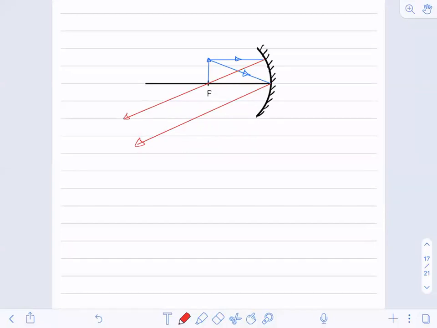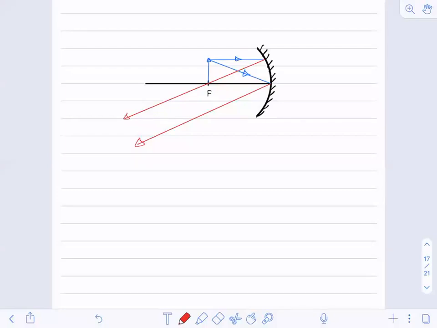Is it okay? Now, will these two reflected rays meet anywhere? Yes, they are parallel, so they will never meet.